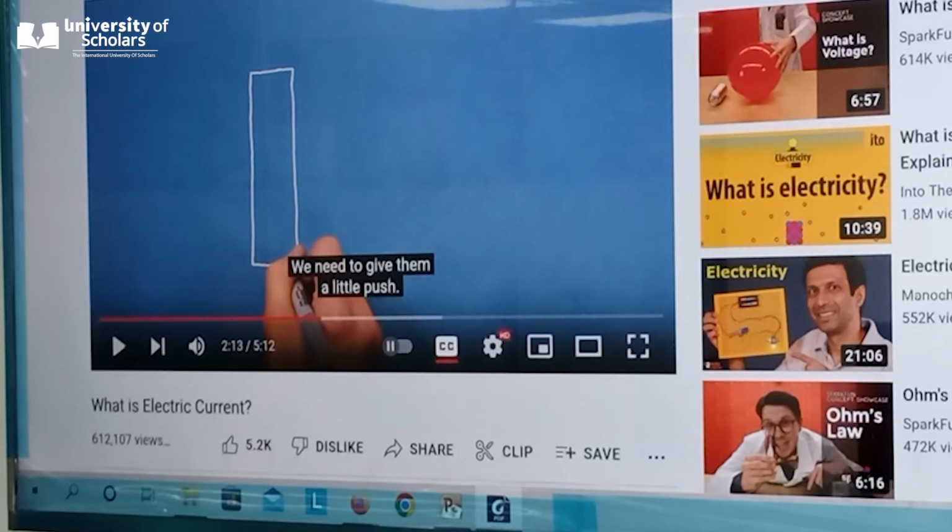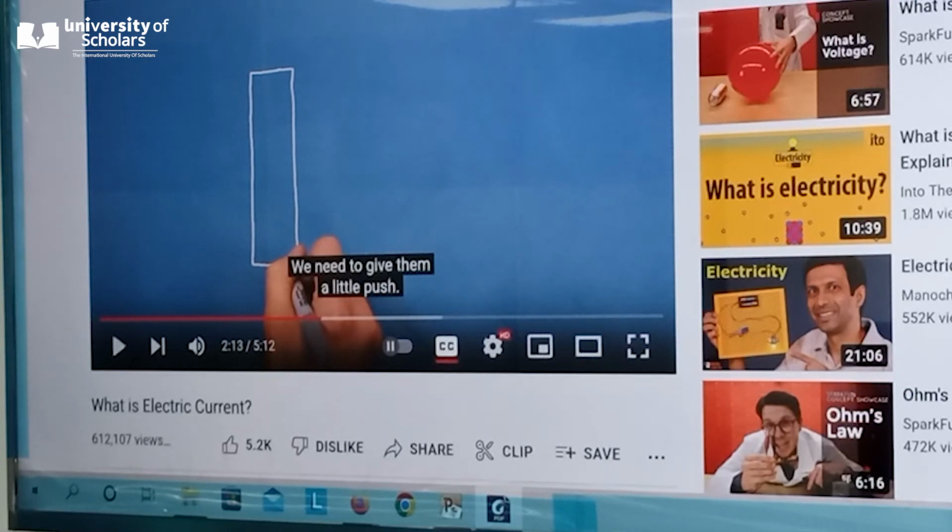So if you provide an electromotive force from a battery source, you are providing a force on the neutral copper atoms. So the electrons at the outermost shell get energized. When an electron gets energized, it jumps out of that particular atom, goes to the other copper atom, and pushes the electron from that copper atom to the next copper atom.